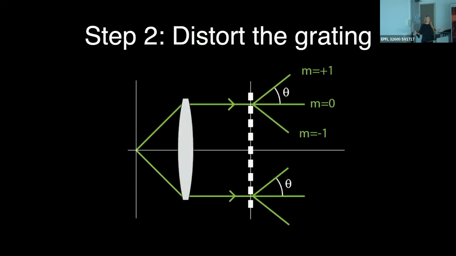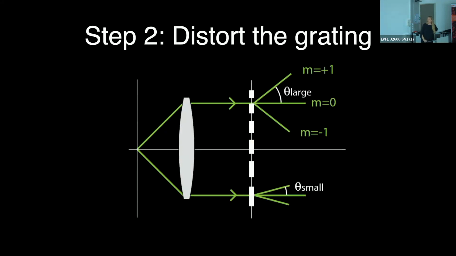So that was the multiplexing. So now we can, with 89% efficiency, multiplex light into 9 images. And we want to focus shift them. So how do we focus shift them? We apply a distortion to this grating. If the grating is periodic, all of these beams are going to come out with the same angle.